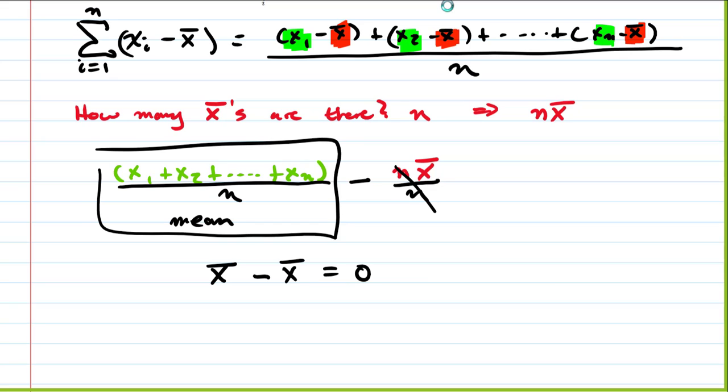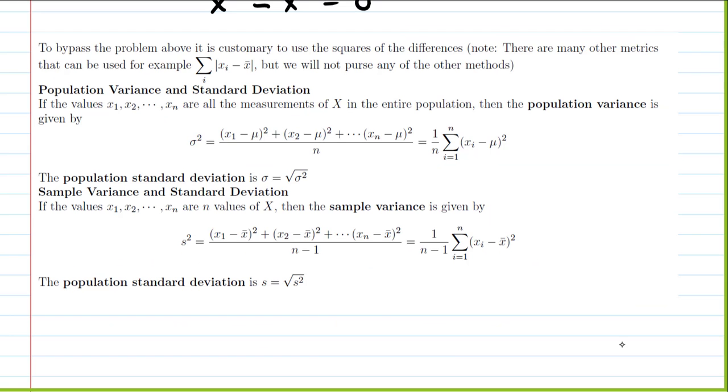So as good as the idea is of adding up and averaging the distance from the mean, it doesn't work. How do we fix it? Population variance and standard deviation: if the values x1 through xn are all the measures of the entire population, then the population variance is sigma squared equals x1 minus mu squared plus x2 minus mu squared plus dot, dot, dot, all the way out to xn minus mu squared, all divided by n.